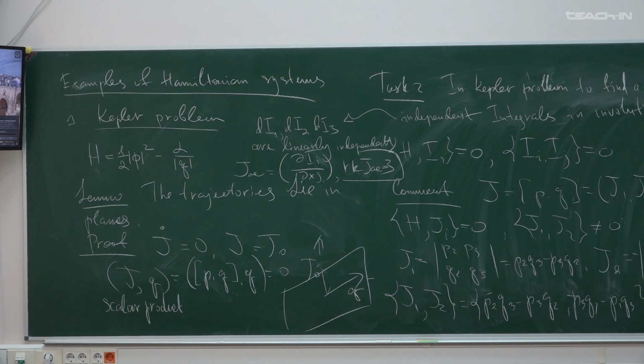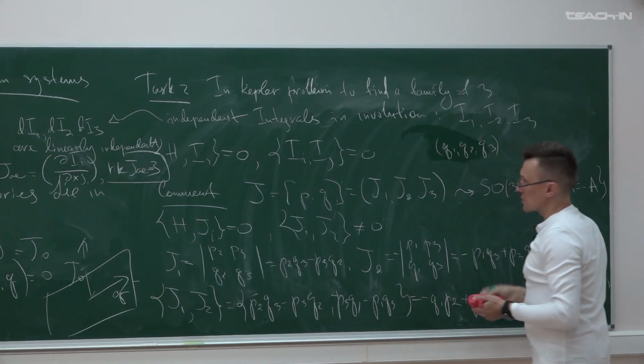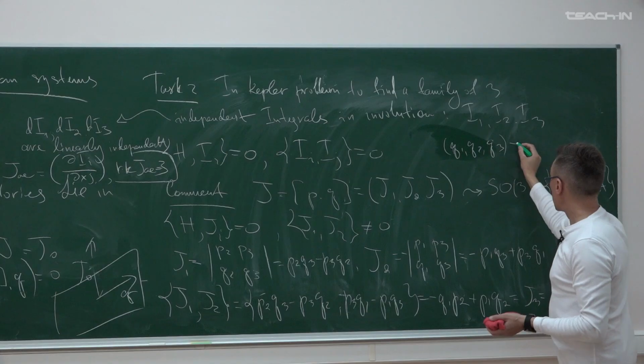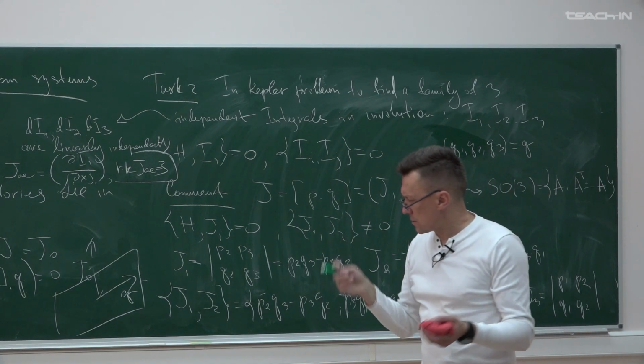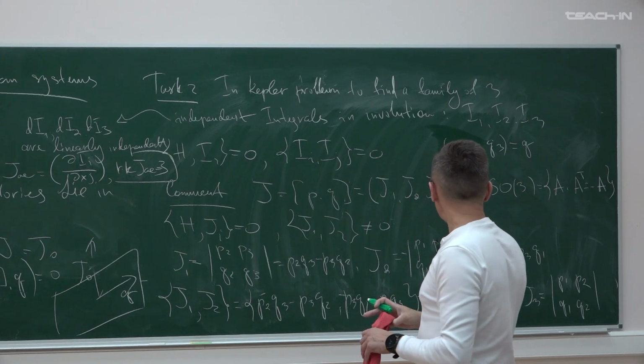Sorry, a small problem: P and Q here are coordinate functions, right? When we say P and Q are vectors, what is the vector space? Just three-dimensional space, just R3. But P1, P2, P3, Q1, Q2, Q3 are coordinate functions, and we can consider this a coordinate vector function on the phase space.